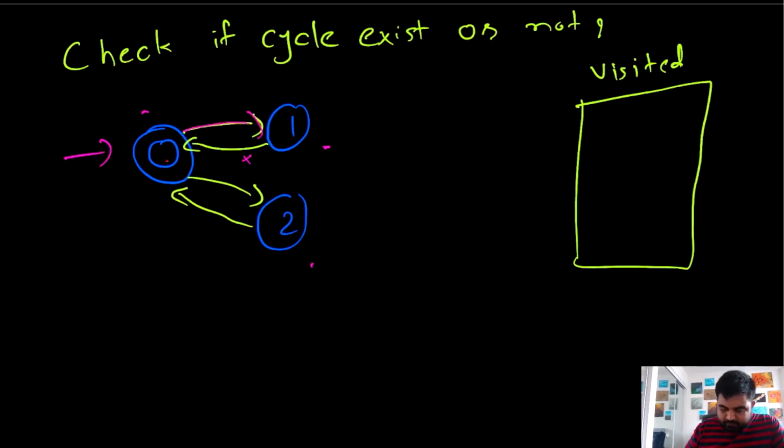So what I'm proposing is that initially we are at this 0th position. We check in our visited hash set, we don't have any entry, so we add an entry over here that we are at the 0th position. Now from the 0, first let's say we travel to 1, which means that now we have traveled from 0 to 1 in this direction. So our aim is that we get rid of this reverse edge in our adjacency list.